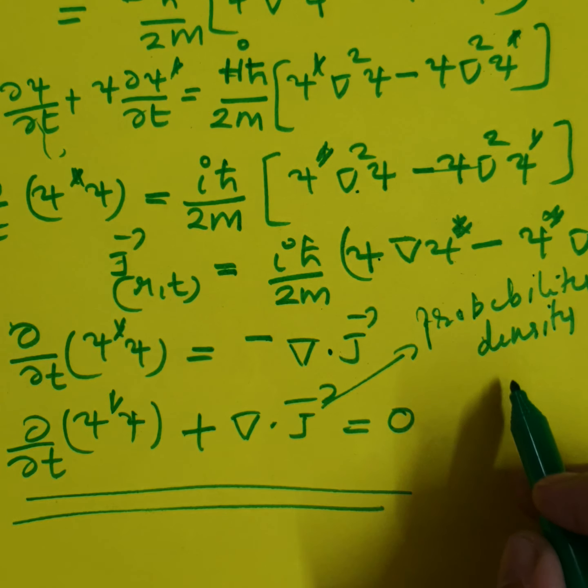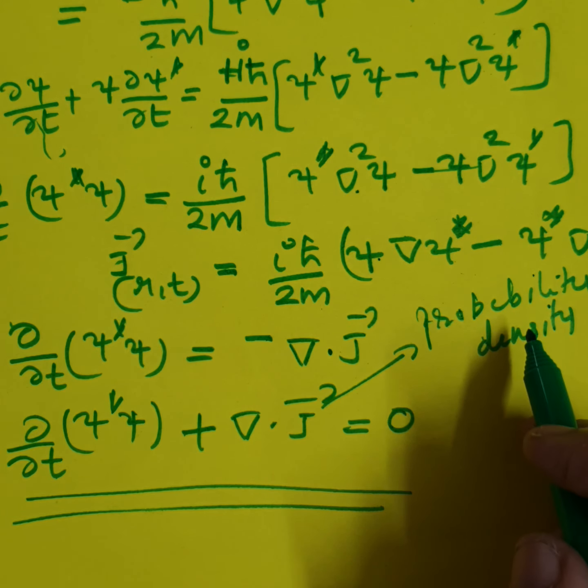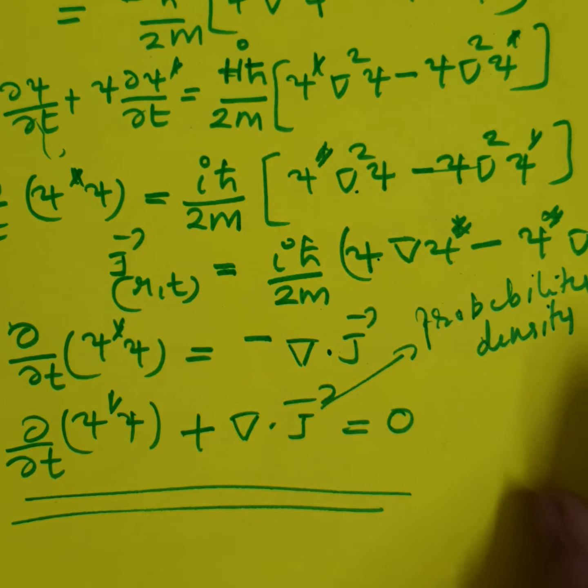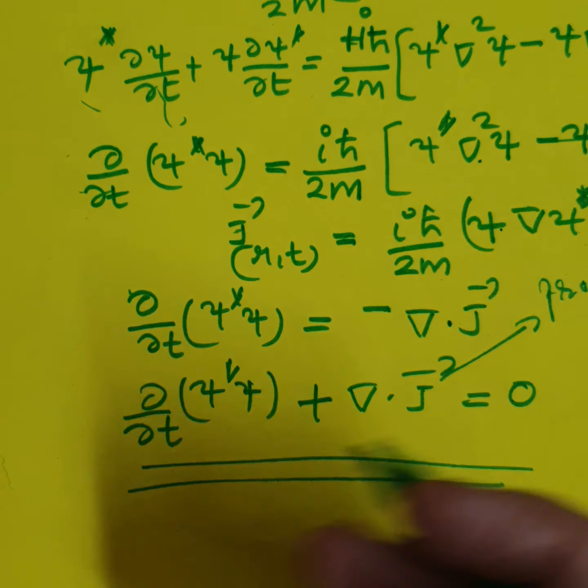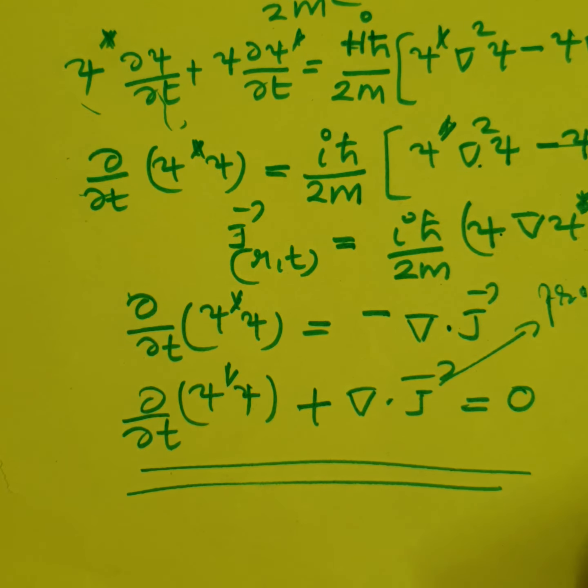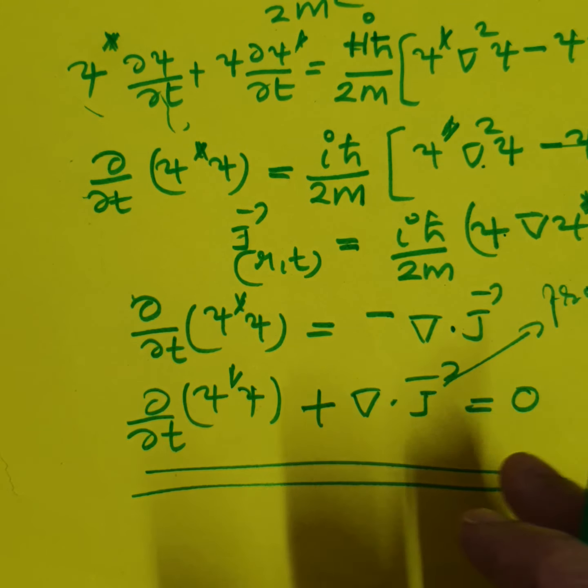This can be considered as the probability current density.